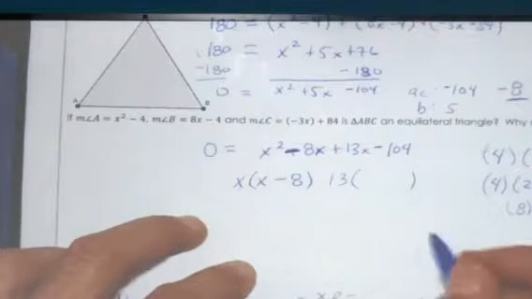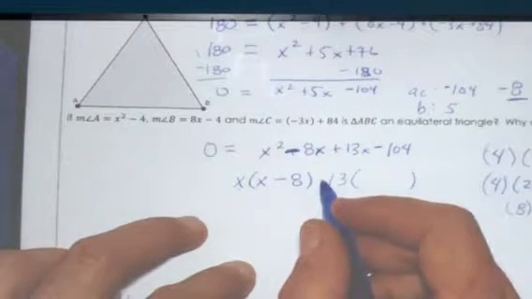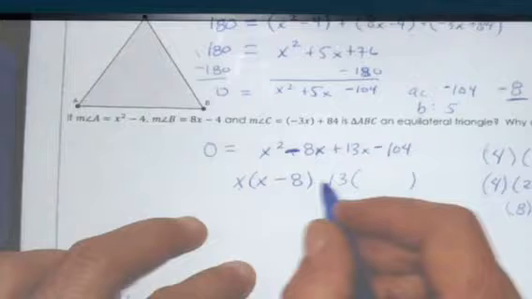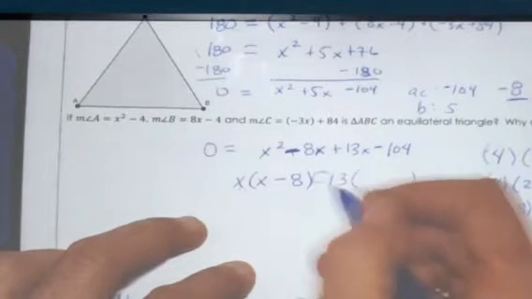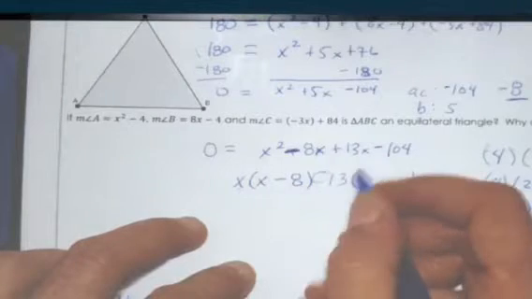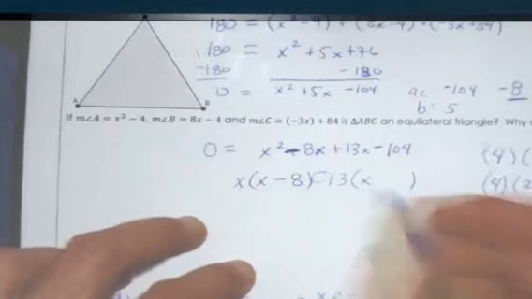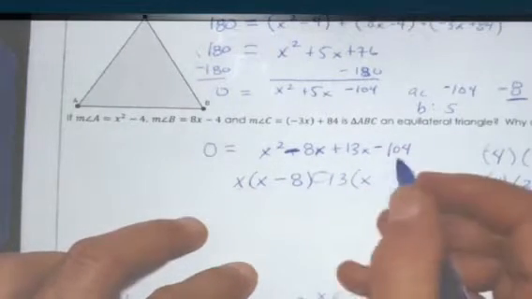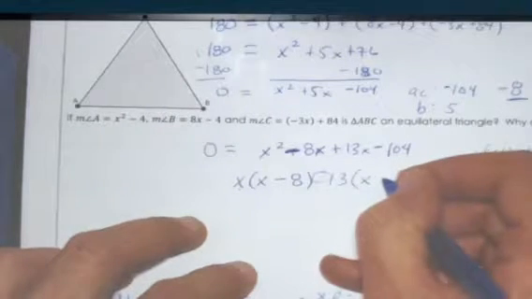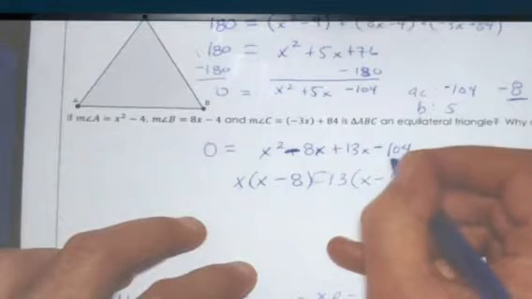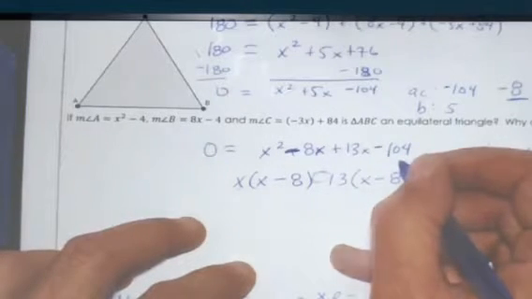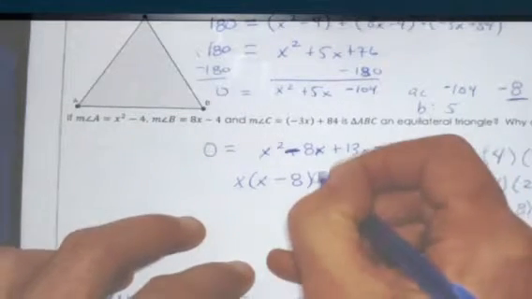And I need to think about the sign that goes on 13. So I'm going to come back here and make sure I get this sign here. If I take 13 out of 13x, I'm left with x. If I take 13 out of 104, I'm left with 8. And 13 times negative 8 is negative 104. So that means that this must be positive.